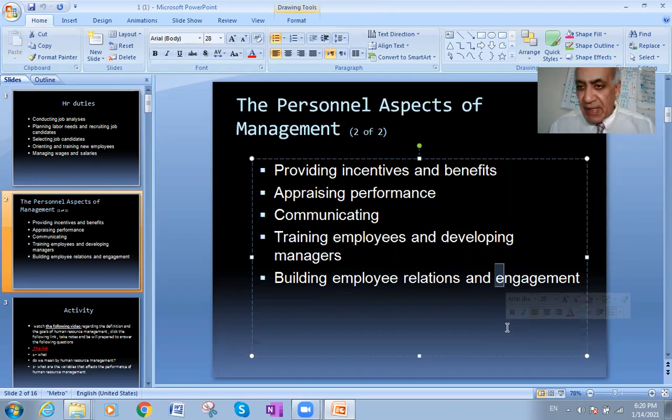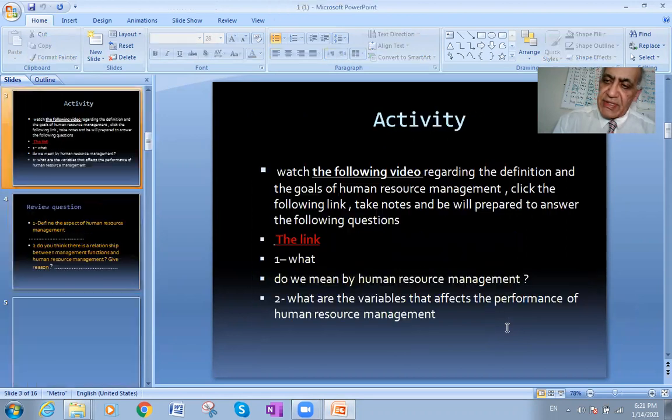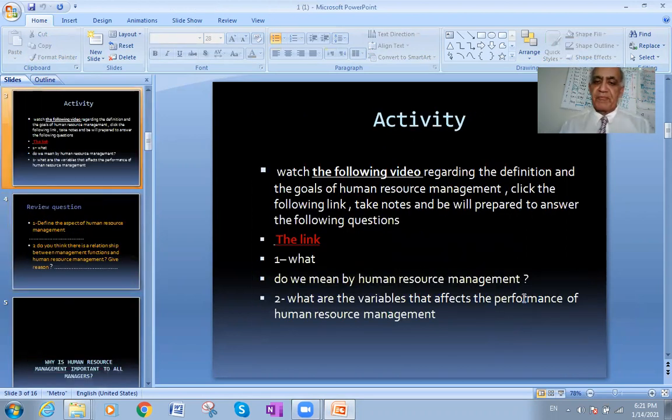By outer, I mean those who are out of the organization, out of the borders of the organization or the company, as an example the labor unions, suppliers, and whoever deals, either directly or indirectly, with the organization. And by the word organization, I mean the company which we are working in. So that was the first part, the duties of the human resource management.